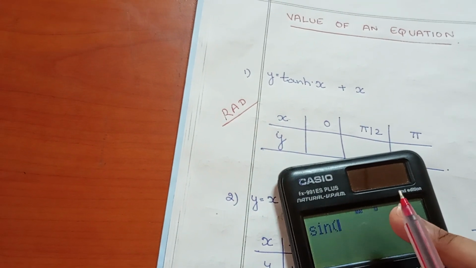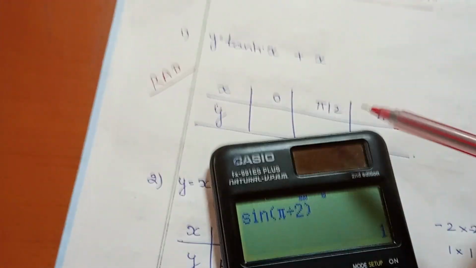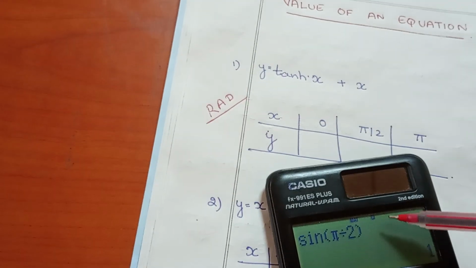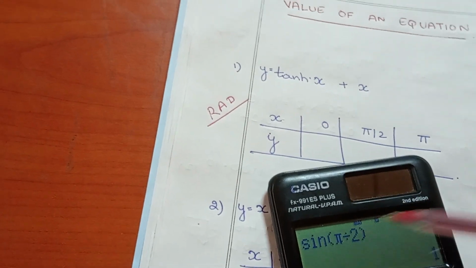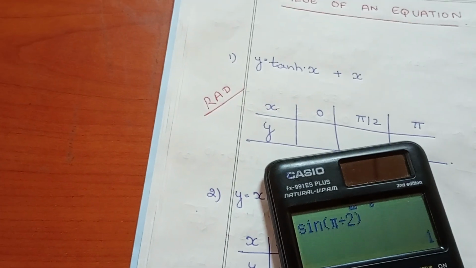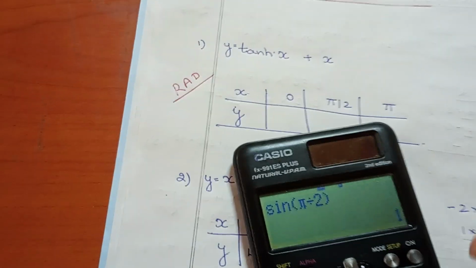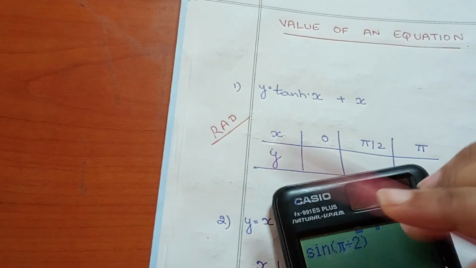What is 90? 90 is pi by 2, so shift pi by 2. Now also it is 1. But during differentiation, integration, and when you are finding the values of an equation for iterative solution problems, always keep the calculator in radian mode.